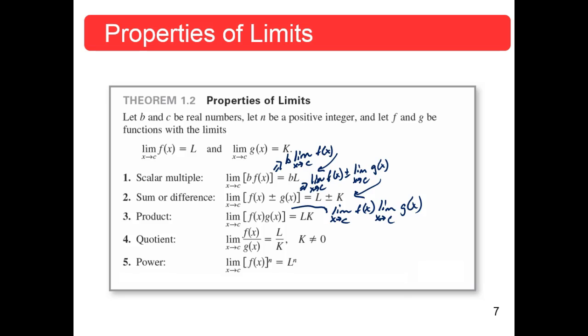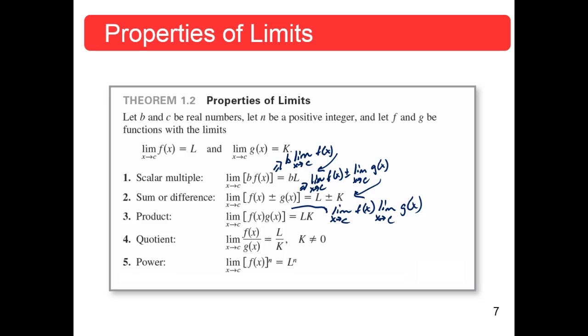Of course, as x approaches c, if g is approaching 0, that doesn't make any sense. That's one of those undefined forms. And then this is almost like the last one we had, but slightly different. The limit of the power of a function is the power of the limit of the function.